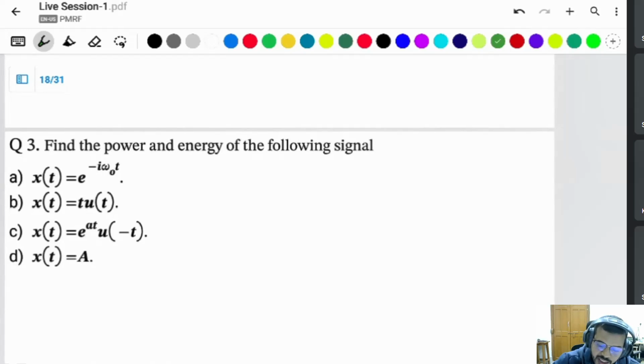Find the power and energy of the following signals.